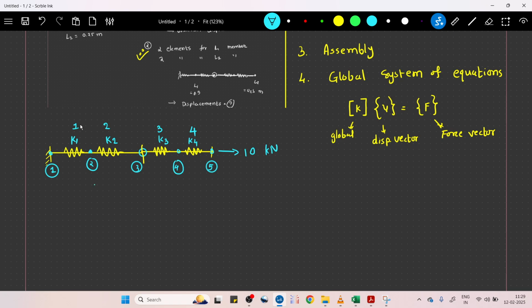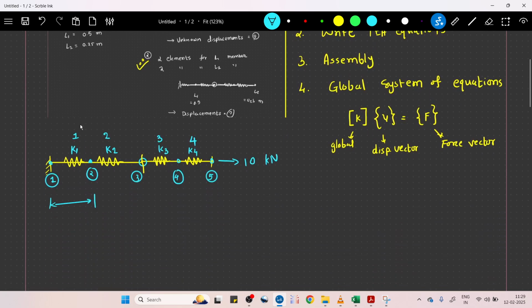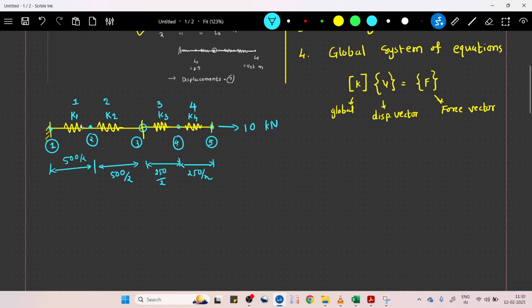The length of this element is 0.5 meter, so it is 500 mm. Now this element is half, so 500 divided by 2, and this is also 500 divided by 2. This element length is going to be 250 mm divided by 2, and similarly this one, 250 mm divided by 2. So these are the given values.